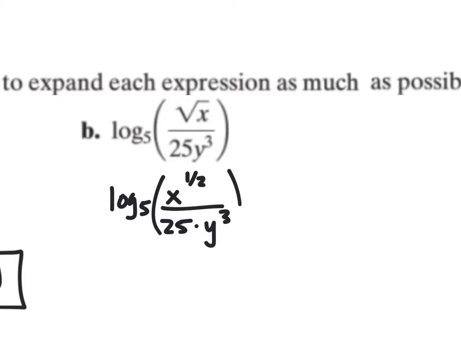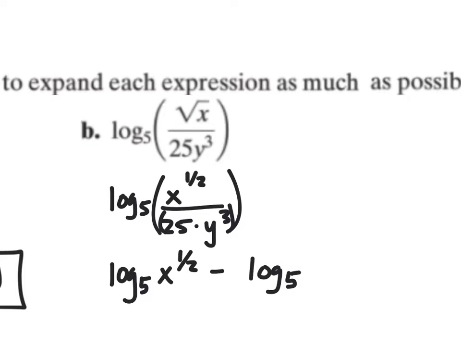I usually try and group my denominators or numerators. And watch what I'm going to do here. So I'm going to do log base 5 of x to the 1/2 minus log base 5 of 25, and let's do times y cubed.